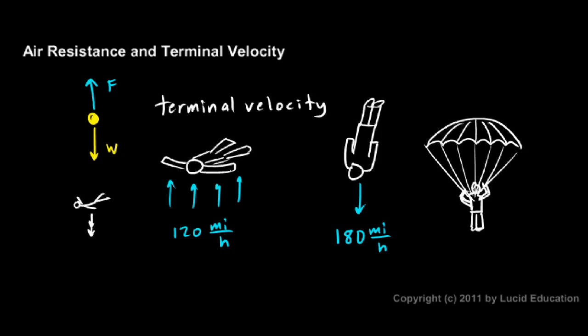So you gain some more speed, and that causes a little bit more air resistance, and that means you don't gain quite as much. You're not accelerating at 9.8 anymore, but you're still accelerating. Eventually, you reach enough speed downward that the air resistance up doesn't let you gain any more speed. It doesn't all of a sudden make you stop, though. So you gain speed until the air resistance is equivalent to the weight. And at that point, you simply don't gain any more. You simply move at terminal velocity.